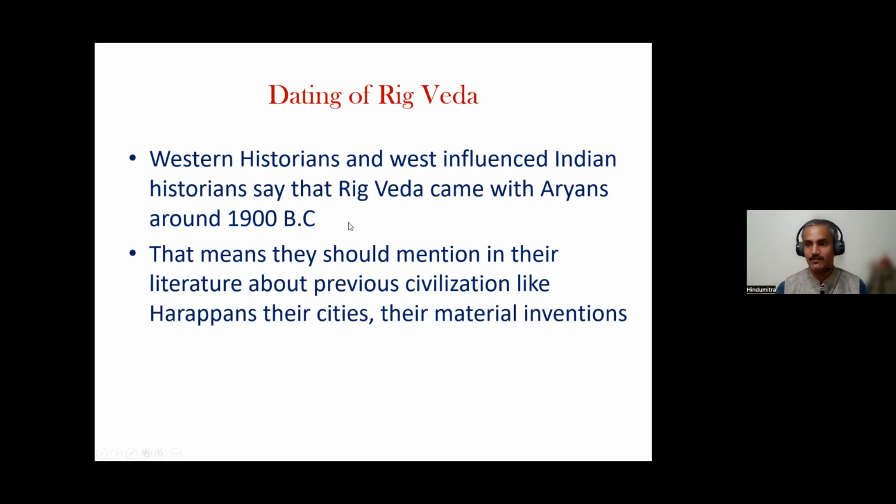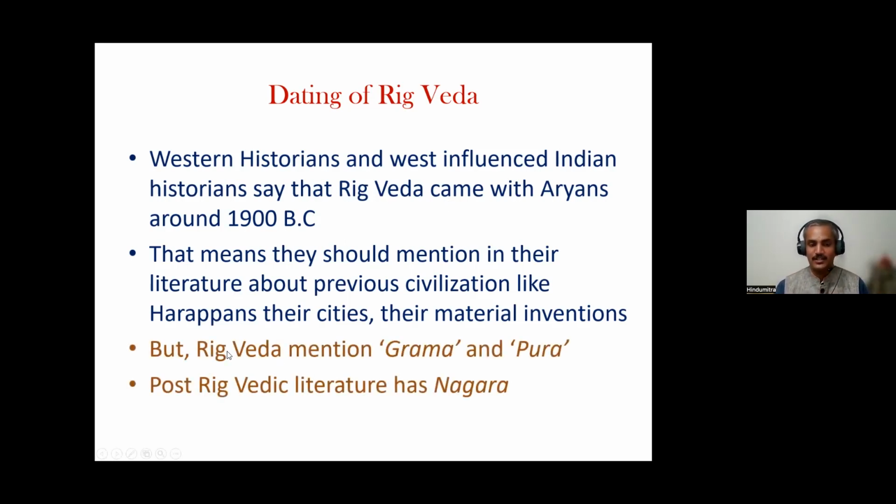So from that prima facie, we can say that historians are lying. But the Rig Veda also talks about Grama and Pura, but in a different way, which the British historians and Marxist historians have mischievously distorted.